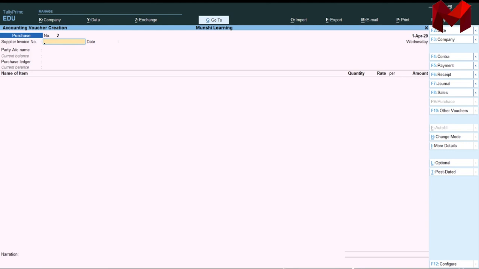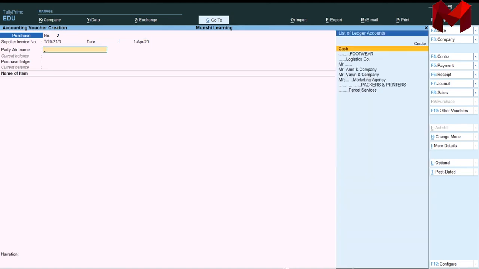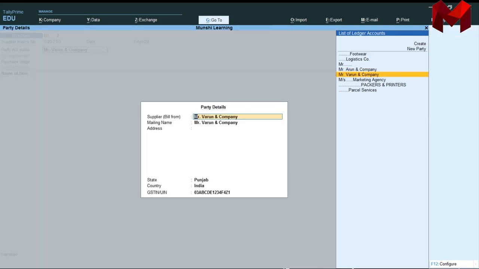Purchases entry. F9 purchases, supplier invoice number. Invoice number was T2021 3. Date was something else, but we can enter into this account also. Mr. Varun and Company.